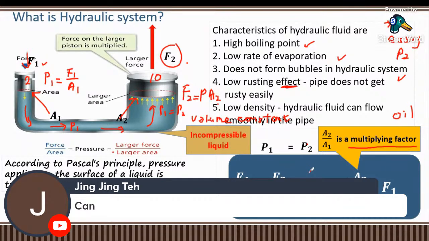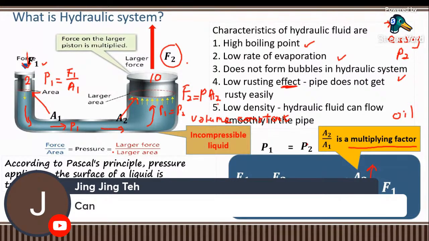Okay. So dari sini you boleh nampak lah dia punya pesan dia. So you want to increase the multiplying factor. How to increase the multiplying factor? Increase A2 or you can decrease A1.